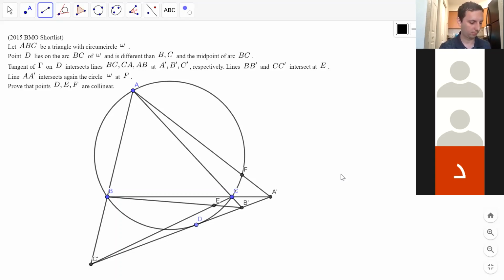Let's see. It seems like a kind of simple configuration.